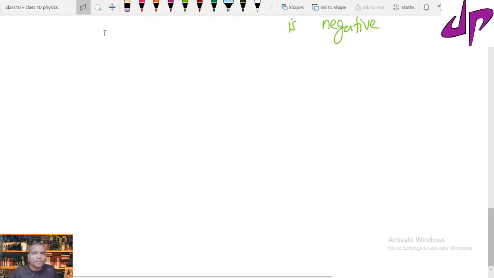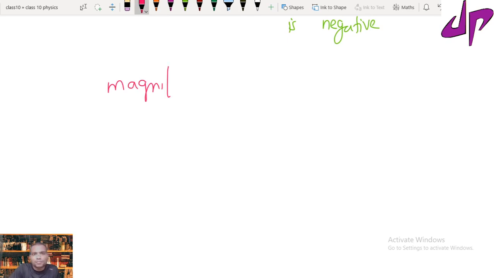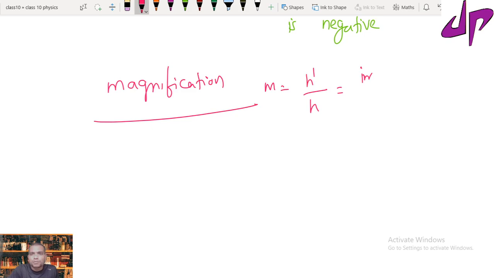And here itself we will find magnification. So magnification M we define as the ratio of height of image to height of object, which for a lens is also equal to image distance divided by object distance.